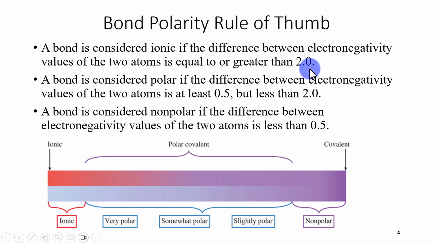If it's equal to or greater than 2, it is ionic. If it's at least 0.5 but less than 2, it's going to be polar covalent. And if it's between 0 and 0.5, then it's going to be considered a nonpolar covalent bond.